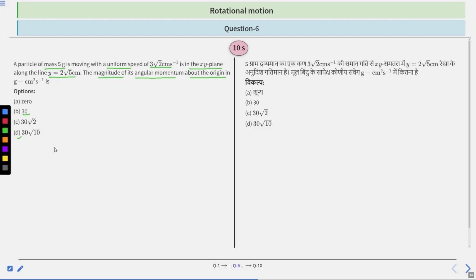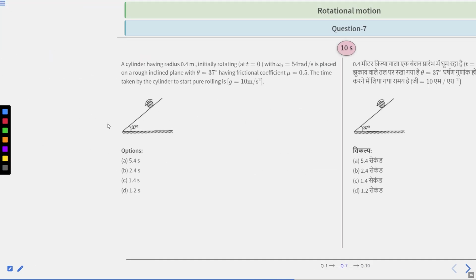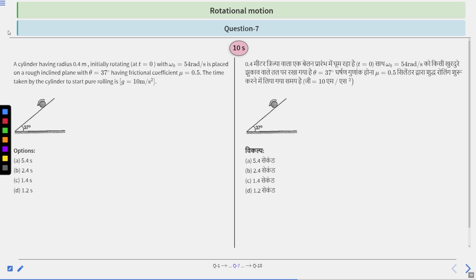Clear? Next question. Question 7. A cylinder having radius 0.4 meter. This is the cylinder, radius is 0.4 meter. Initially rotating at t equal to 0 with omega naught 54 radian per second.